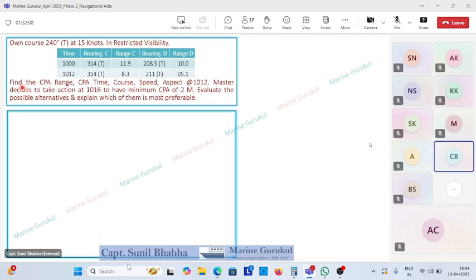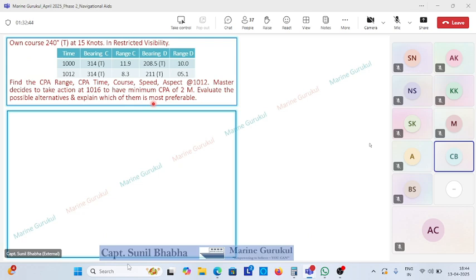We have to find the CPA range, CPA time, course, speed and aspect of these targets at 10:12. Master decides to take action at 10:16 to have a minimum CPA of 2 nautical miles. Evaluate the possible alternatives available to the master and explain which of them is most preferable.